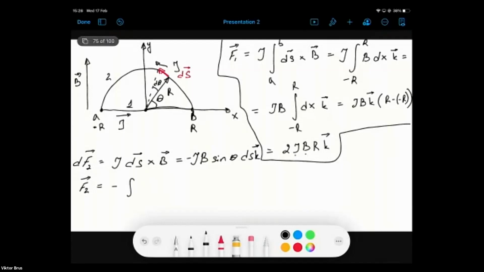Again, how do we define the limits? If we want to go through the whole semicircle, we need to go from 0 to pi, which is 180 degrees or pi radians. Then we have the product of electric current.